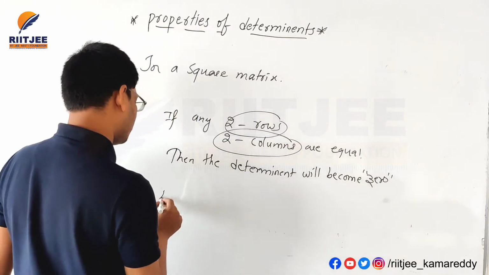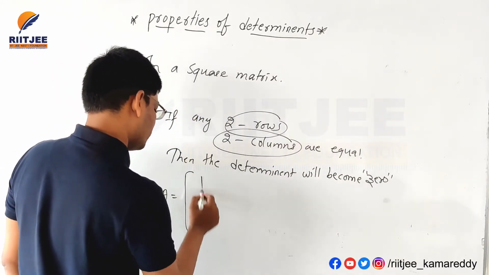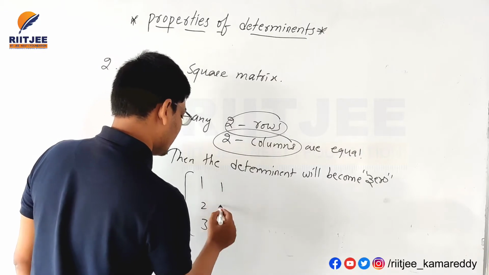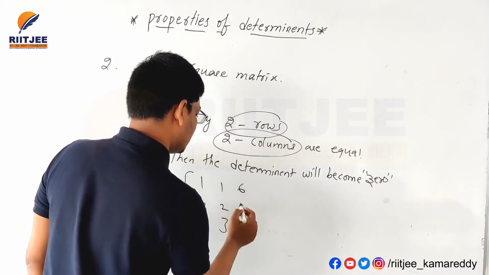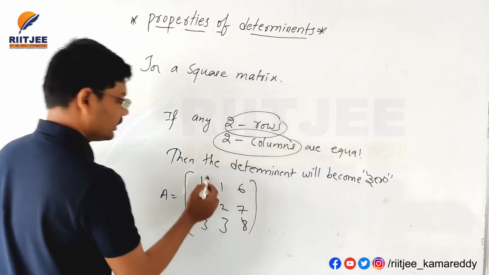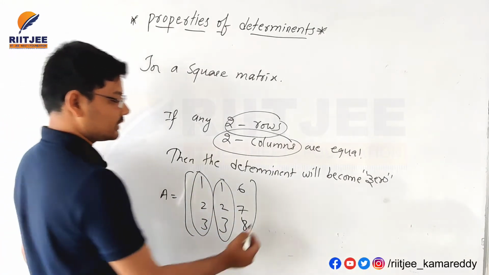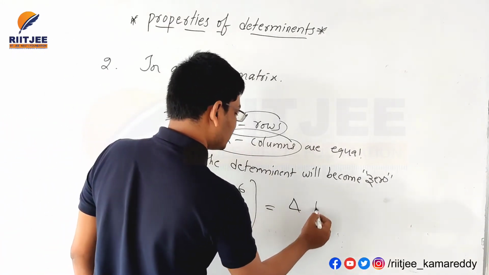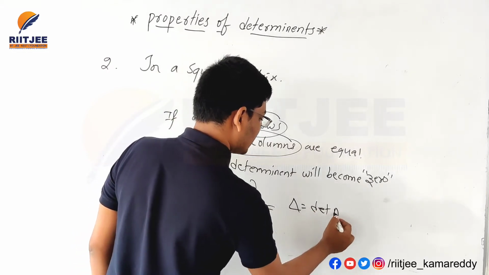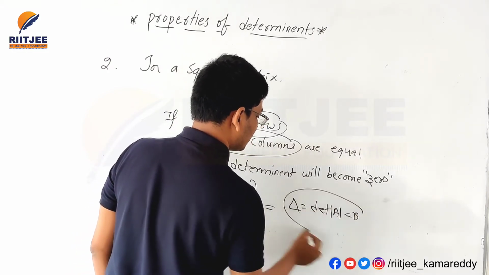For example, I am taking 1, 2, 3, 1, 2, 3, 6, 7, 8. Here these two columns are equal, so delta, that is the determinant, is directly 0.